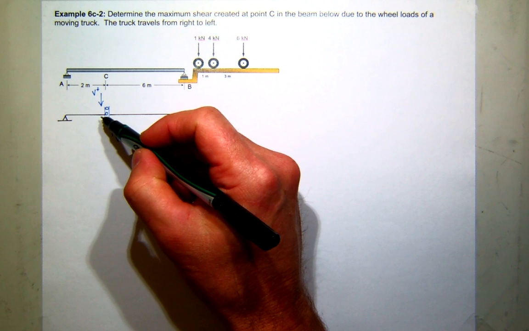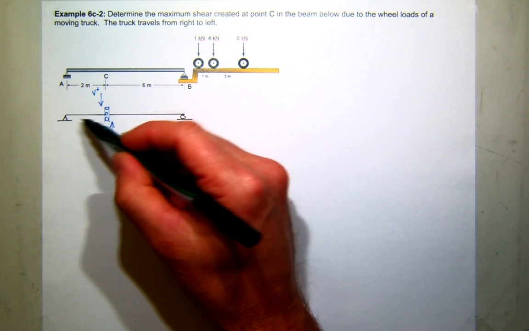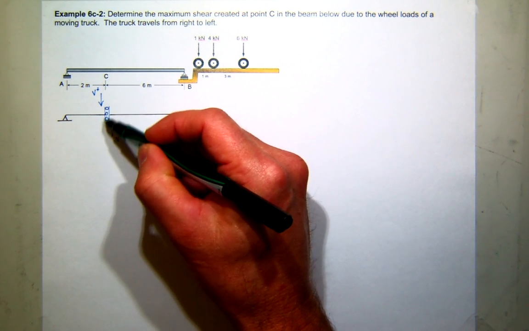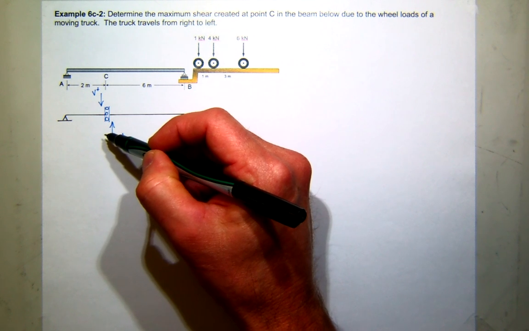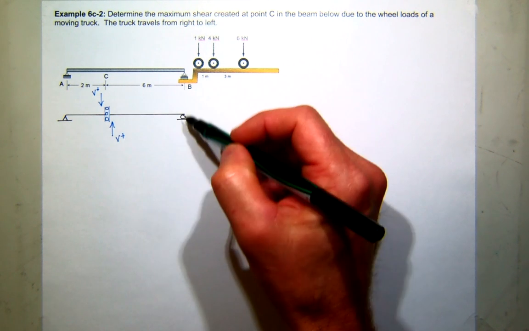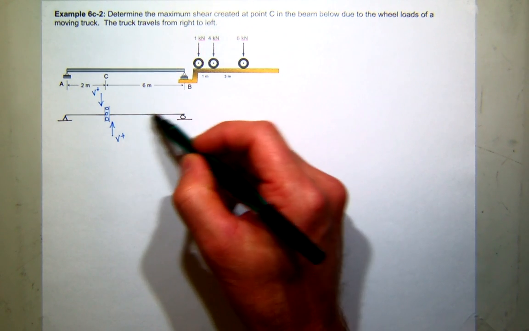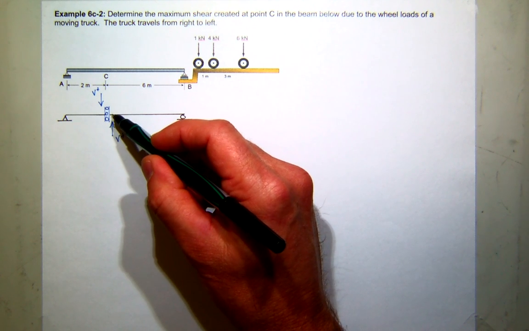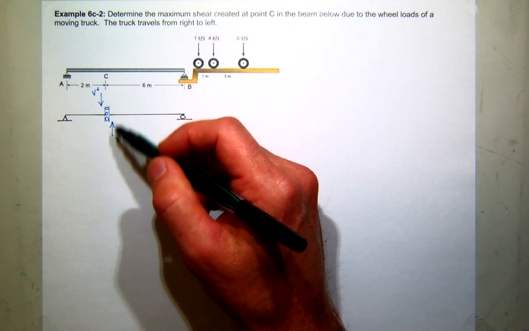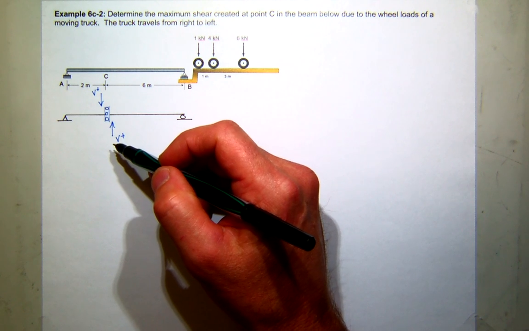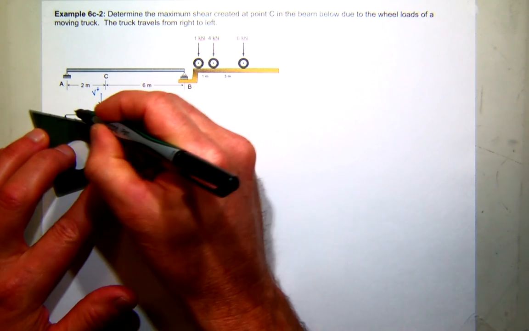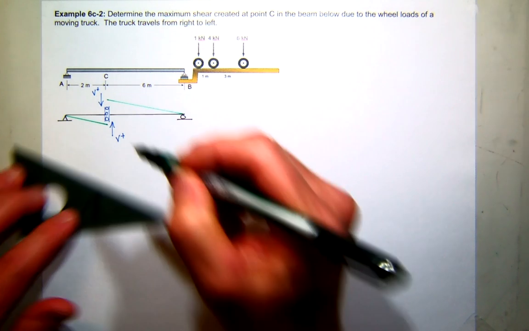Well, the left side, this 2-meter piece of it, right here at the connection, is it going to go up or down? It's going to go down. On the right side piece, this 6-meter piece, it's free to move here at this face. Since I'm pushing positive shear, this point at C is going to go up or down? Up, right? So you're going to get a shape that looks something like that.